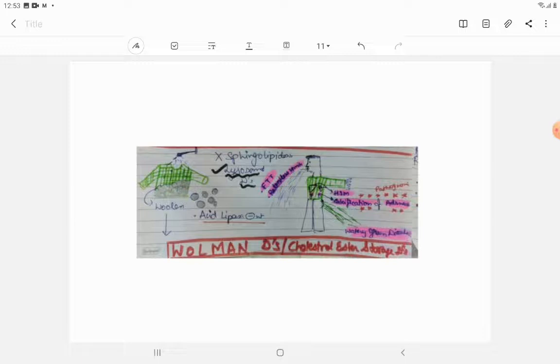That is a pathognomonic feature of this condition. So three main things we should be clear about: first, it is a lysosomal disease; second, there is deficiency of acid lipase; and third, the pathognomonic finding is calcification of the adrenals.